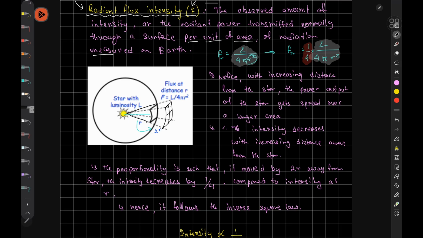So whatever light is coming out from this solid angle, we're just analyzing that amount of light at different distances away.